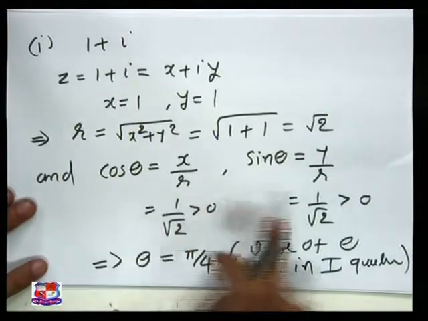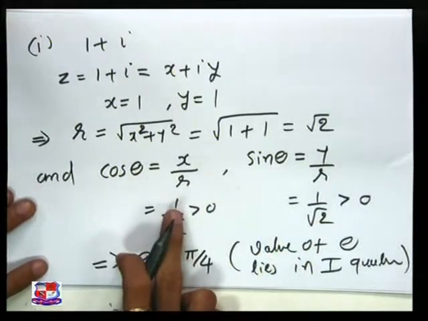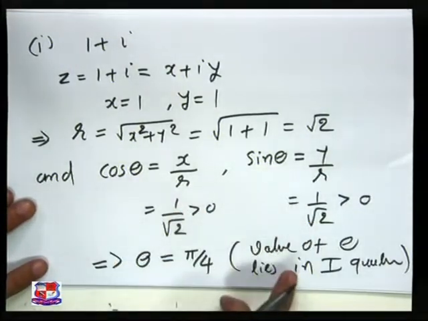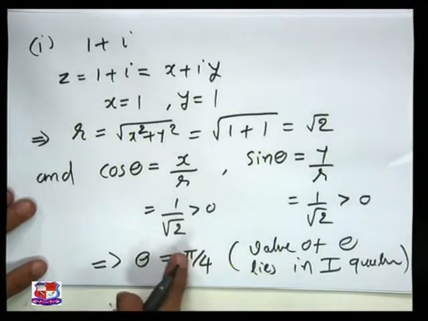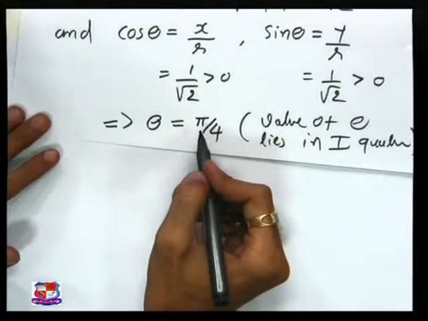Here cos and sin are both positive, and both are positive only in the first quadrant. So the value of theta in the first quadrant is pi by 4. Now if we move ahead, we have got theta equal to pi by 4, which is the principal argument, as it belongs to minus pi to pi.